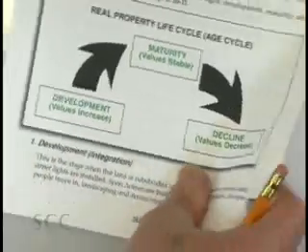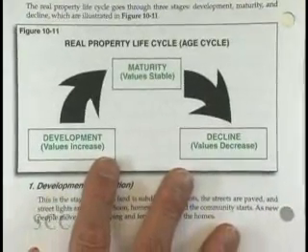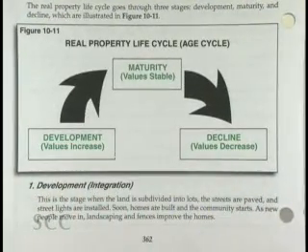The next thing they talk about here is this particular cycle, just so that you know about it. We look at this cycle in a lot of different ways. We as human beings talk about our life cycle: we are born, we mature, we die. We talk about it in products.